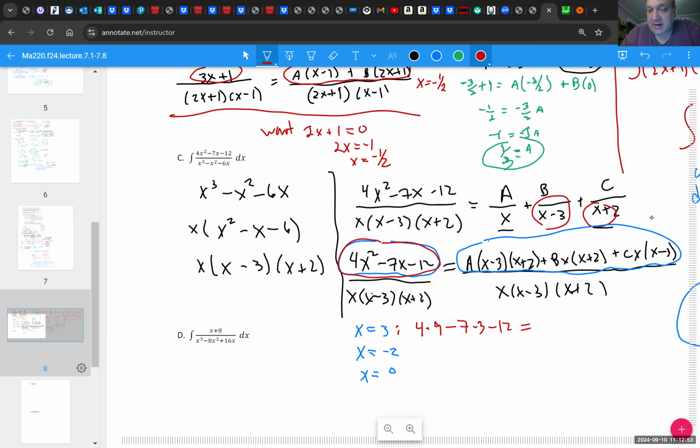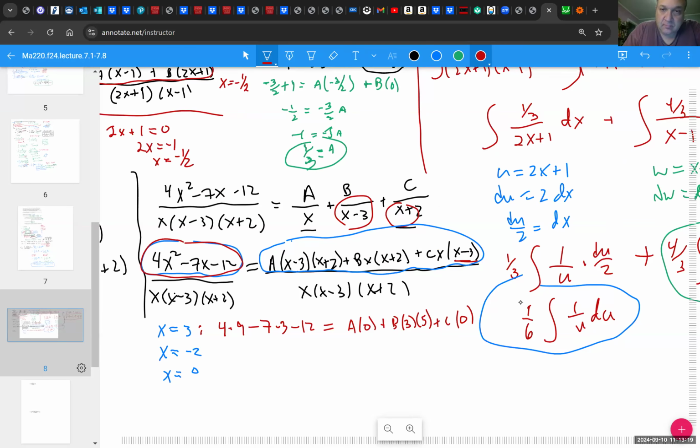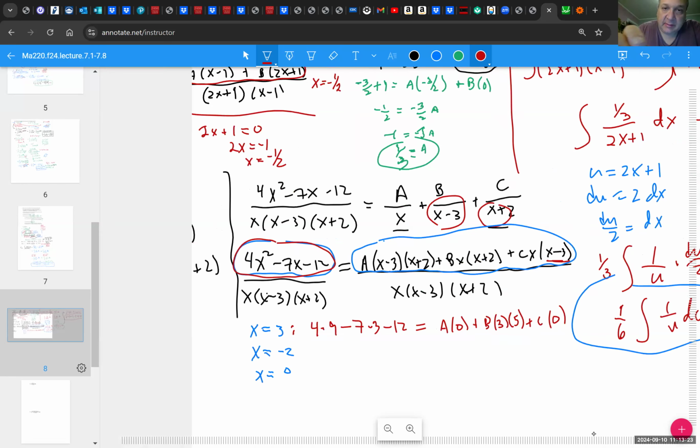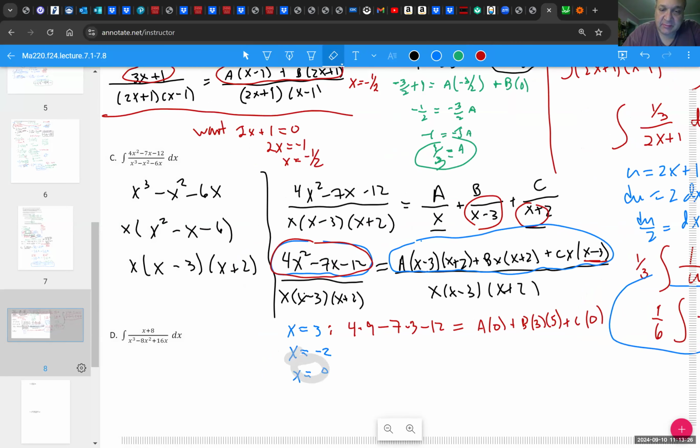I plug 3 into the right-hand side, I get A times 0, I get B times 3 and times 5, and then I get C times 0, because this part right here, x minus 3, is going to be 0. So all of the stuff is going to simplify. And now I have to figure out my spacing. So maybe I'll just erase the stuff here and go down a little bit. I think it's my best choice.